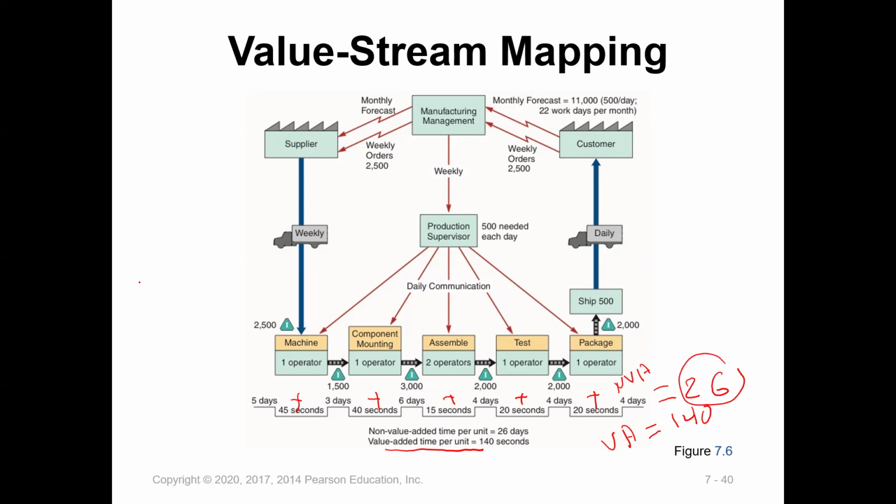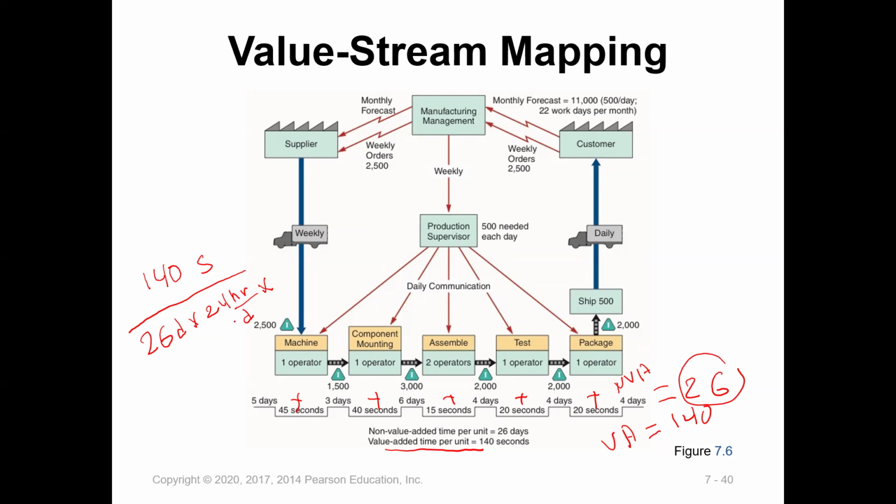So I said value added, we have 1/40 seconds divided by the non-value added, we have 26 days times 24 hours per day.